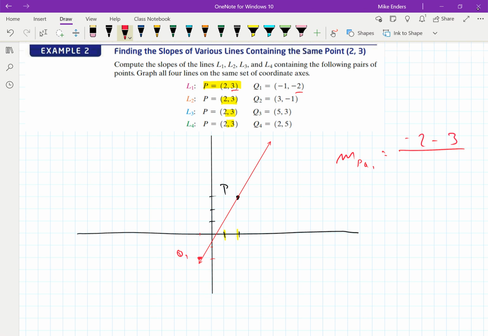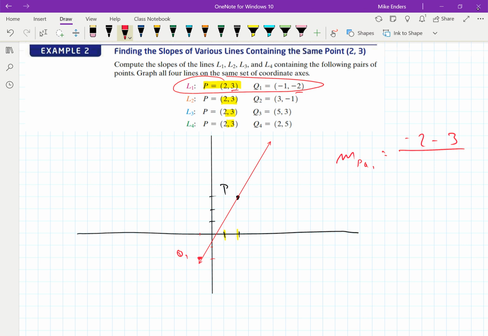Whichever point I start with, that's going to be my coordinates here. If I'm letting P be my first point, since that's the first one listed, Q, whether it's 1, 2, 3, or 4, is my second point of that pair. So if I'm doing line 1 here, P is my first point, Q1 is my second point, so that's why I'm using -2 minus 3.